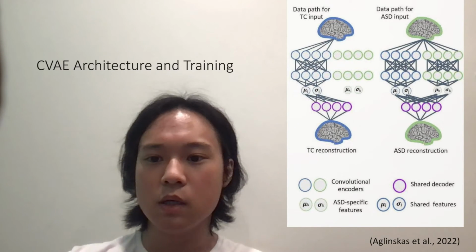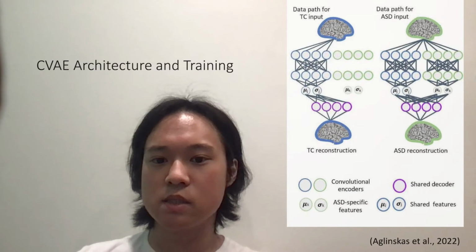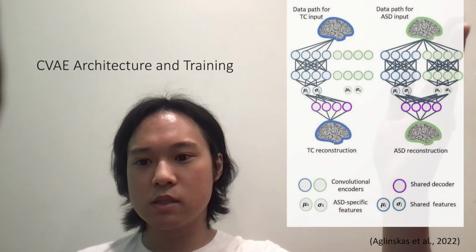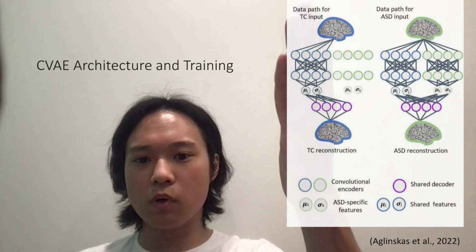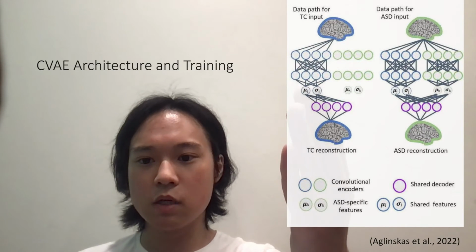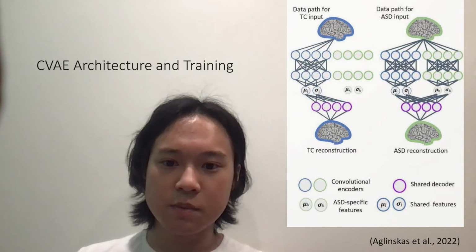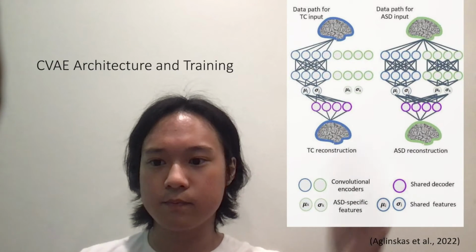To train the model, the author prepared a dataset that consists of both ASD subjects and typical controls. Typical control samples go through only the encoder for shared features, while the ASD subjects go through both encoders.